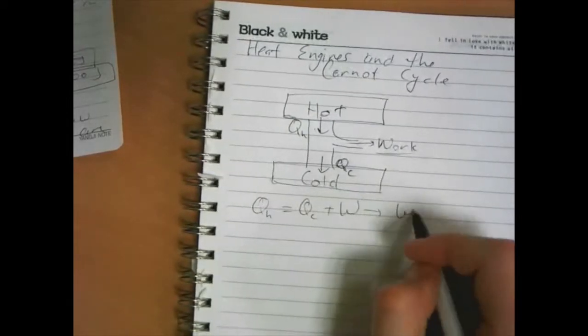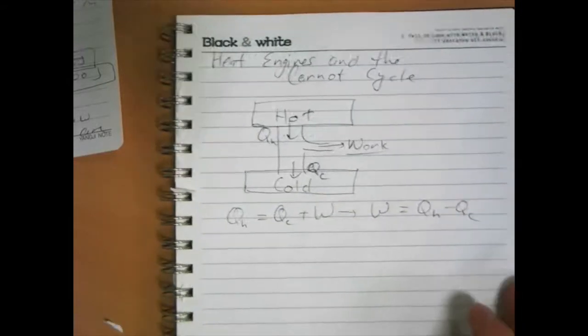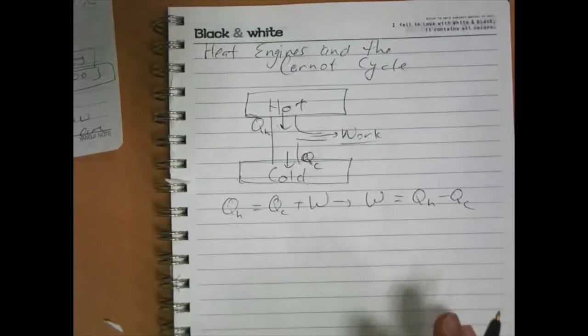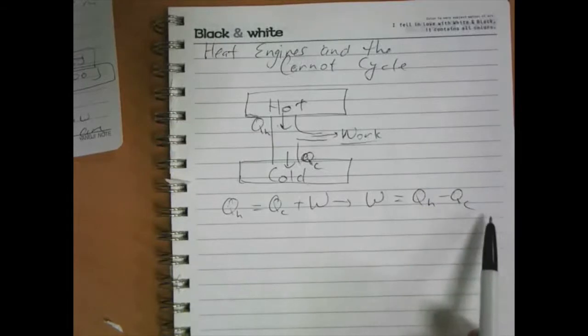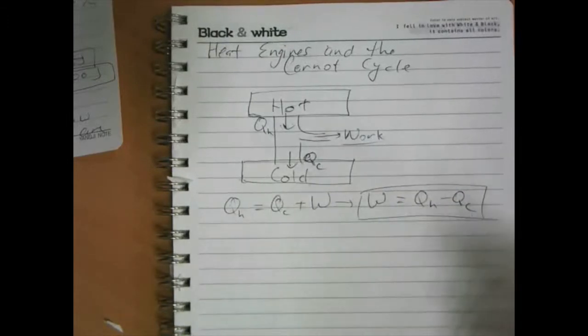Therefore, the work done by a heat engine is whatever of the energy from the hot reservoir that does not go into the cold reservoir. This is the important equation here.